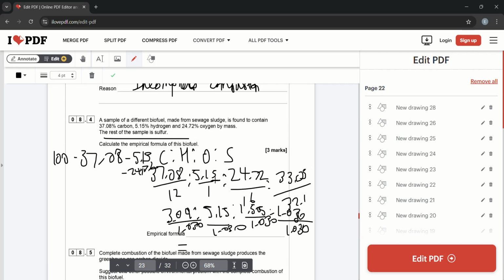So you need to divide each one by the smallest number of moles, and you get 3 to 5 to 1.50 to 1. However, that's not the empirical formula.